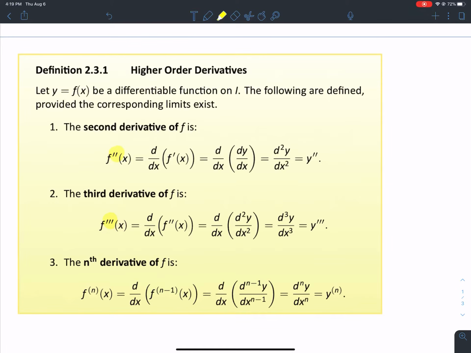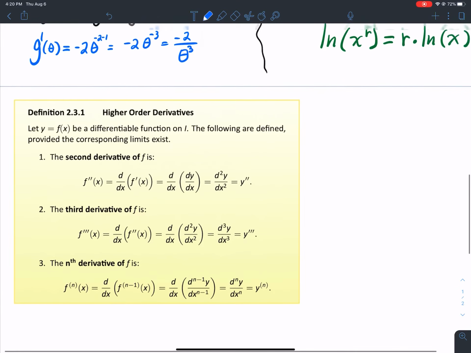But after the third derivative, we start saying, like, if it's the fourth derivative, I put a little 4 in parentheses up there. So like f and then parentheses 4, that tells me it's the fourth derivative, okay? So after 3, we kind of drop this because it starts getting a little crazy. I don't really want to write all those little primes up there, so we just put the number, okay?